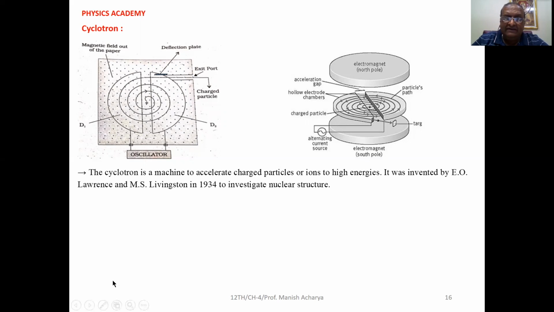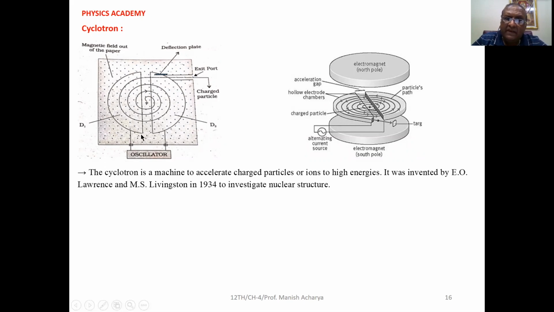Now see here, across these Ds, the oscillator is connected. Oscillator, that is the AC source, for which the positive and negative potentials are continuously changing.